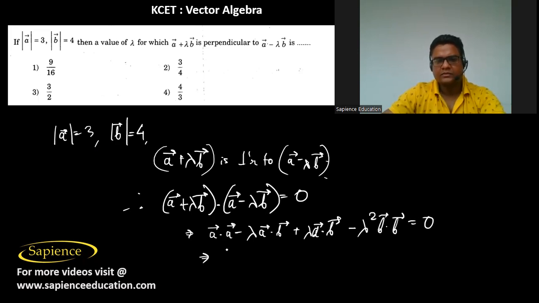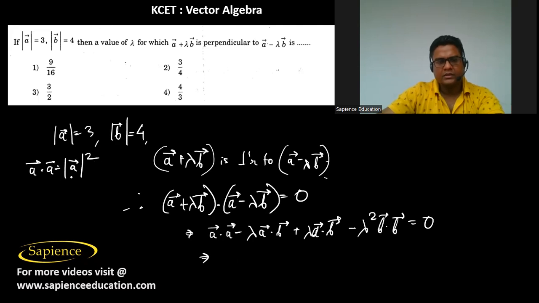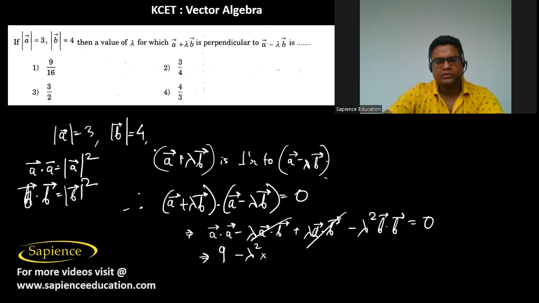Now A dot A is obviously magnitude of A whole square, and B dot B also will be magnitude of B whole square. So A dot A will be 9, minus lambda A dot B plus lambda A dot B, that will cancel out. This will be minus lambda square into mod B square, which is 16, that is equal to 0.